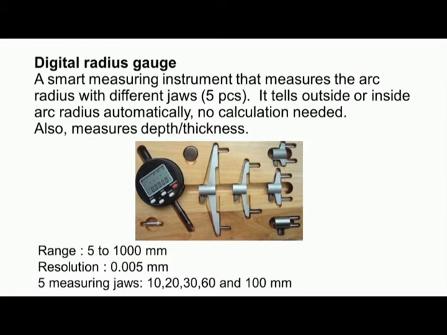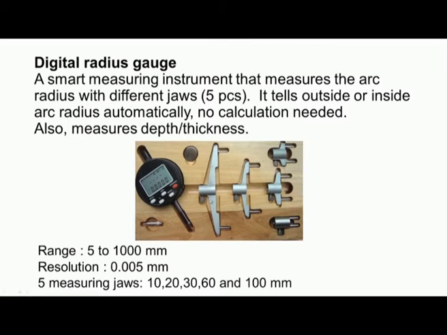the other instrument used to measure the radius is the digital radius gauge. You can see we have an indicator with a spindle and a digital indicator, and then we have a fixture with 2 points, 2 legs.